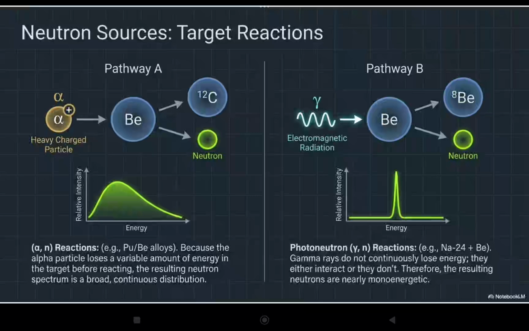In photoneutron reactions, a gamma ray interacts with beryllium and produces neutrons that are much closer to monoenergetic because the gamma either interacts or it does not. This distinction is very useful in source selection because the reaction pathway largely determines whether we get a broad neutron spectrum or a relatively narrow one.